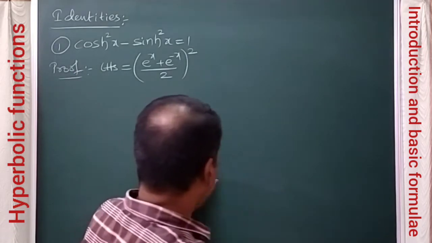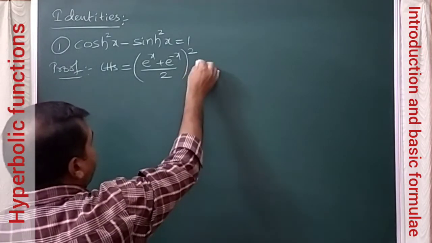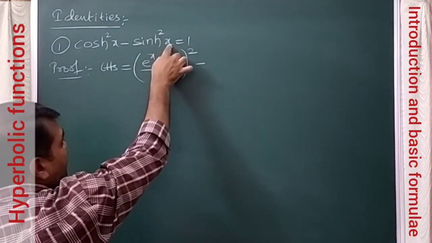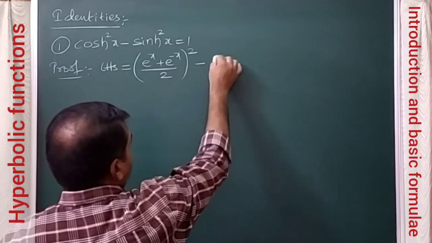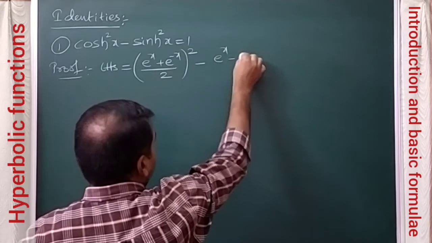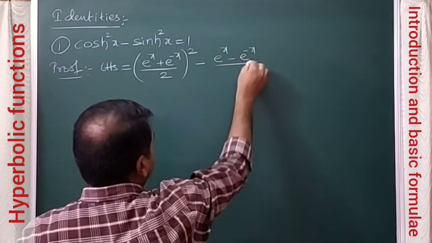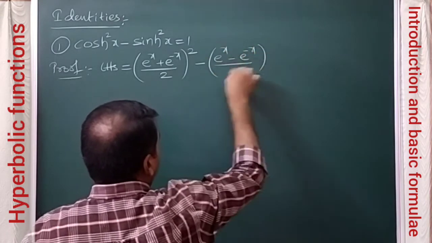Next, minus sinh squared x, that means sinh x whole squared. So sinh x is e power x minus e power minus x by 2, whole squared.